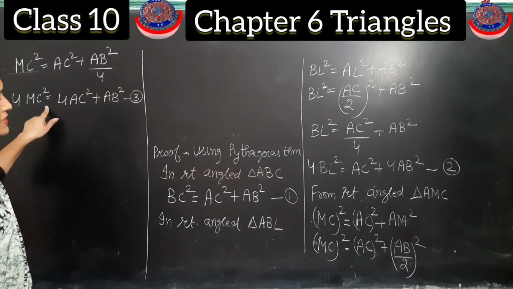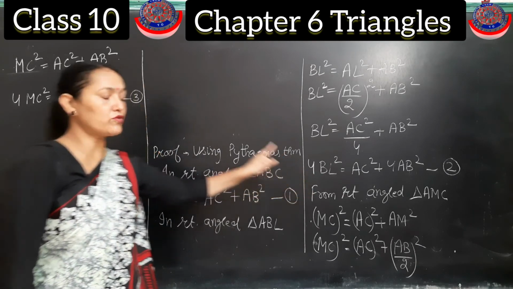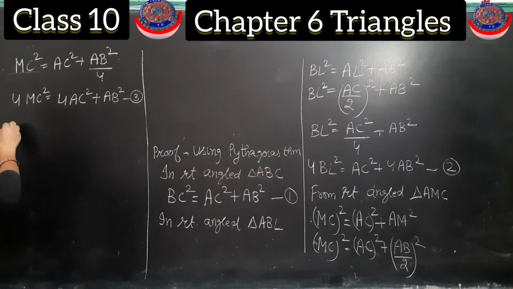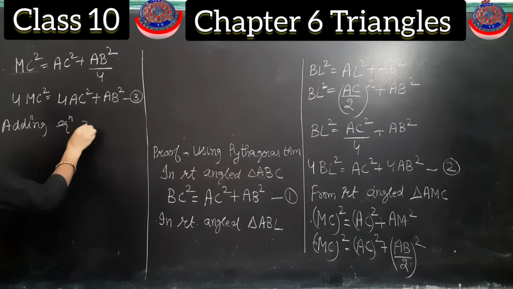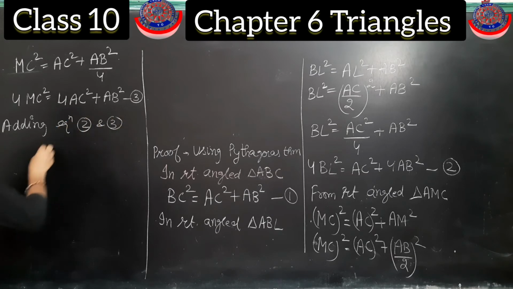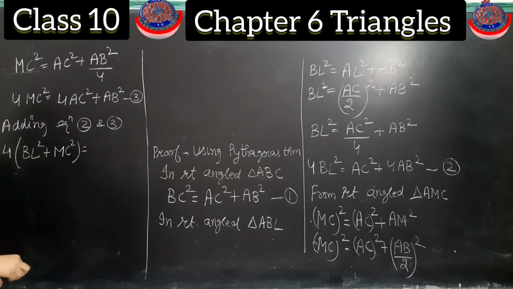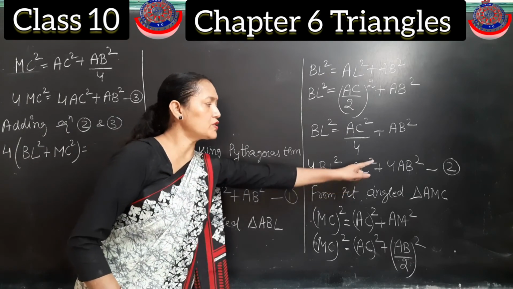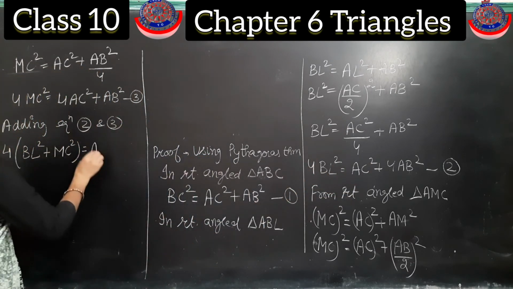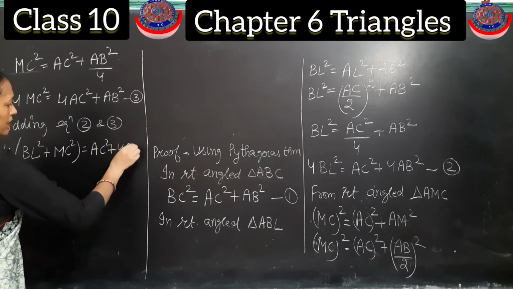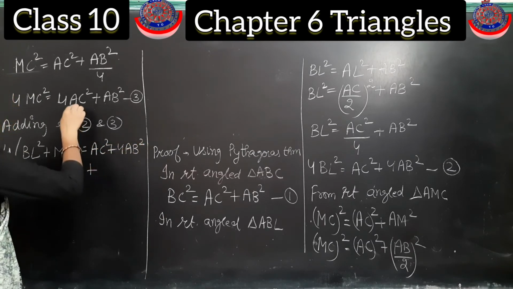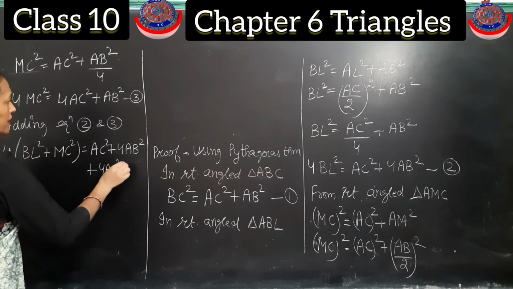If we add equation number 2 and equation number 3, we'll get 4 times BL square plus MC square will be equal to AC square plus 4AB square plus 4AC square plus AB square.